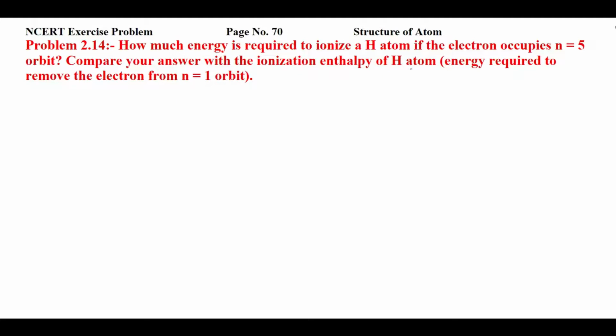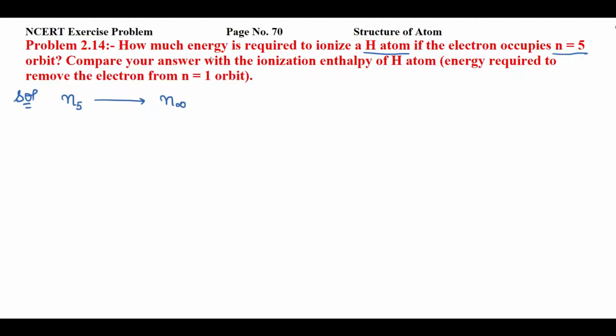In first part, they are saying you have to find the ionization energy of hydrogen atom if the electron occupies n equal to 5th orbit, right? So ionization energy means you have to excite this electron from n equal to 1 to n equal to infinity. In first part, I have to excite the electron from 5th orbit to the infinite orbit, right?